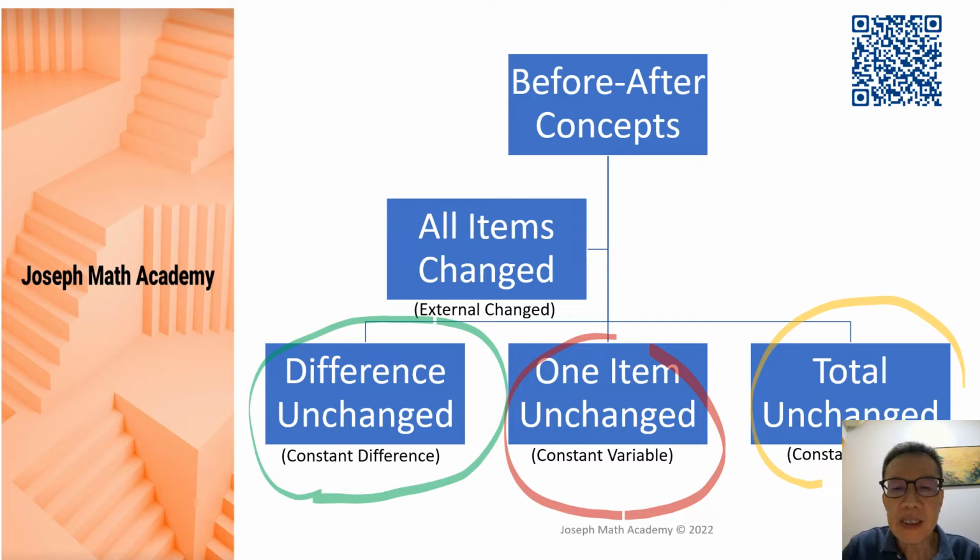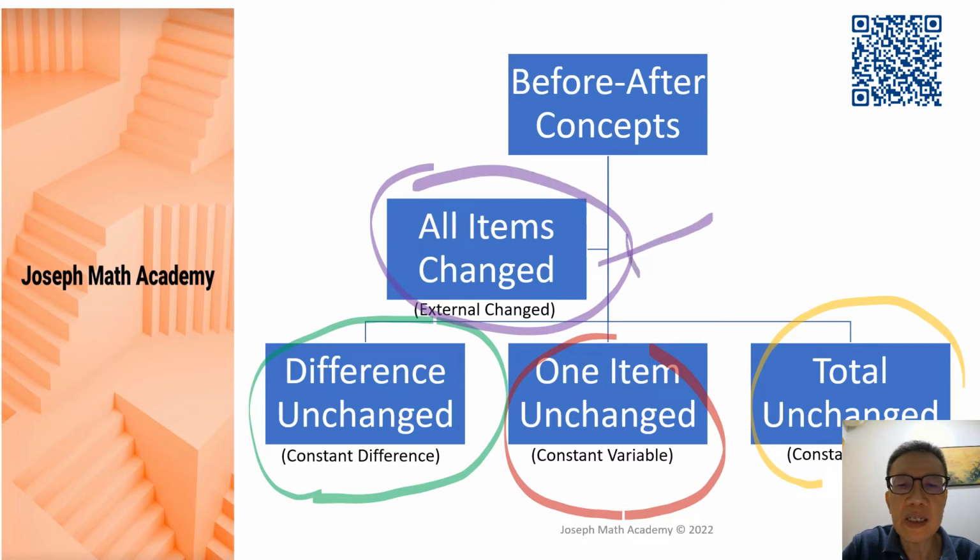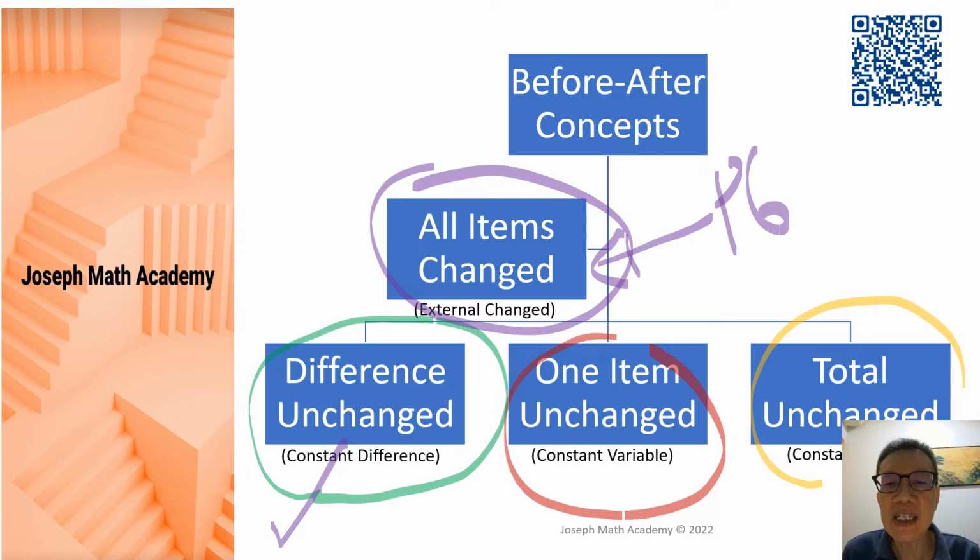However, the next one is normally taught in P6 because it involves 2 variables, similar to algebra, so you have to use a more abstract method of solving. In this video, I'm going to show you the first one, difference unchanged. In my other videos that I'll be uploading, you will get to know the other 2, which are one item unchanged and total unchanged.